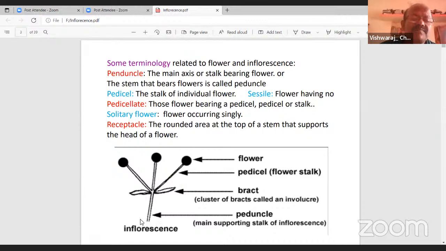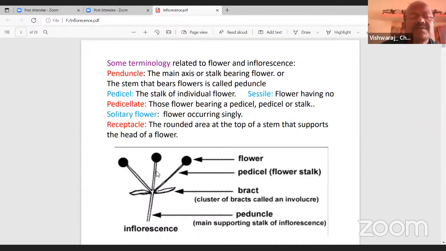This stalk develops on the stem, and on this stalk, from this base to this, that is a peduncle. On this peduncle, a number of pedicels develop.